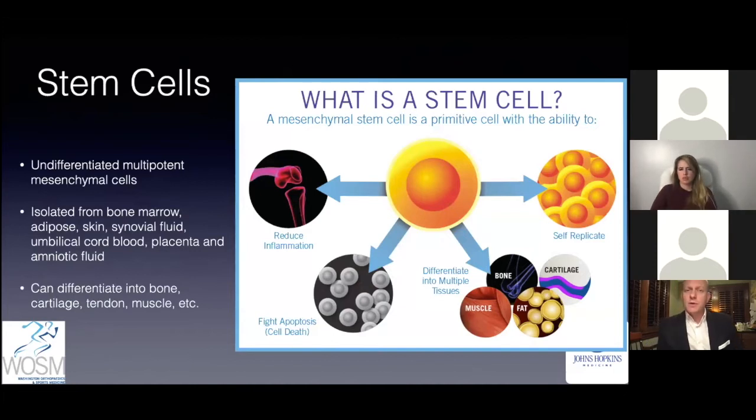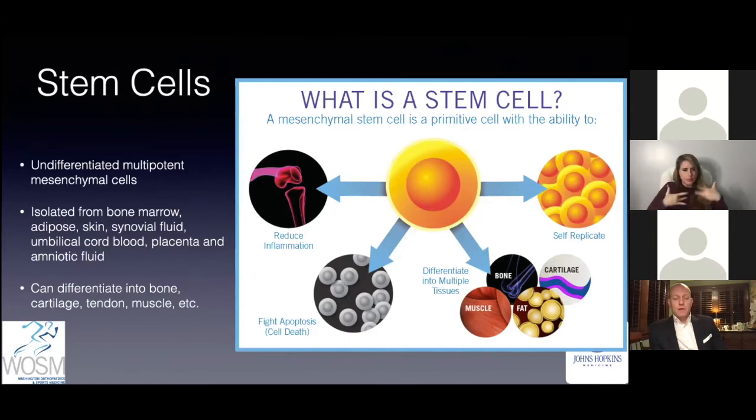Mesenchymal stem cells are basically primitive cells, as you can see in the drawing here on the screen, that have the ability to differentiate into all sorts of different cells. So a stem cell can differentiate into a cartilage cell, or a tendon cell, or a muscle cell, or a bone cell. This is extremely exciting.